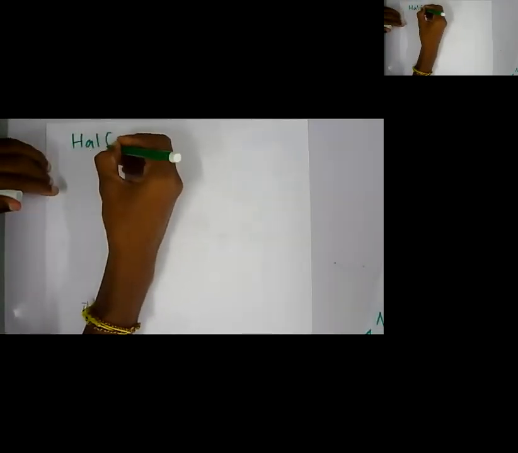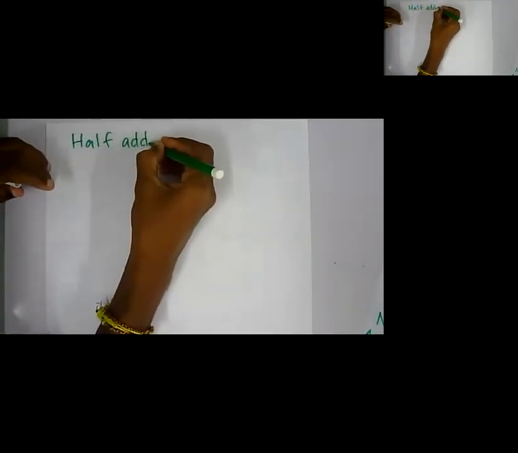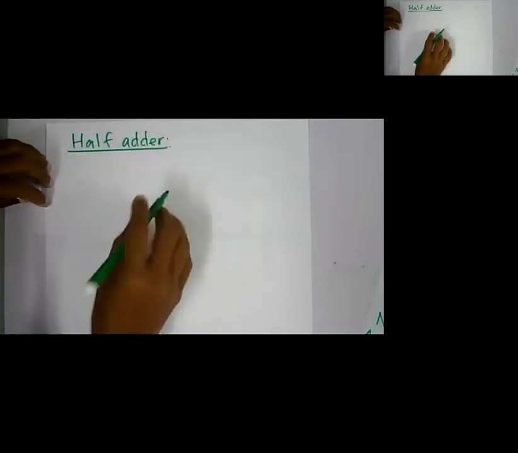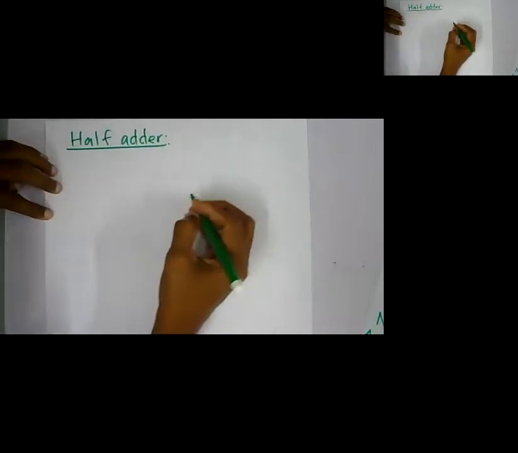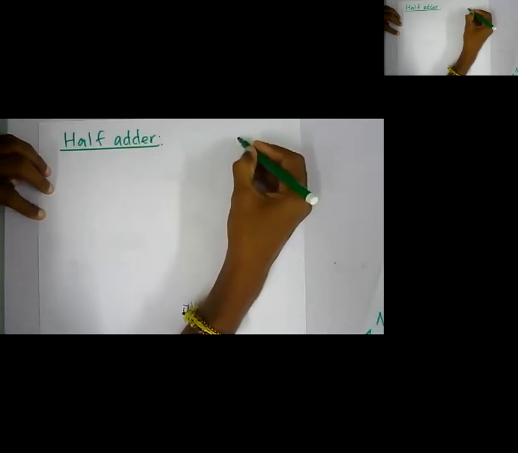We'll start from the single bit adder, also called a half adder.